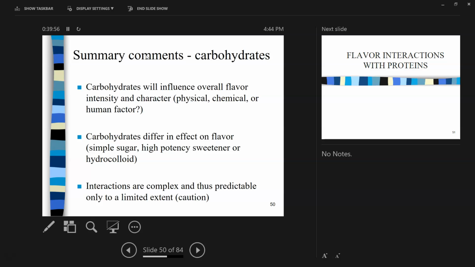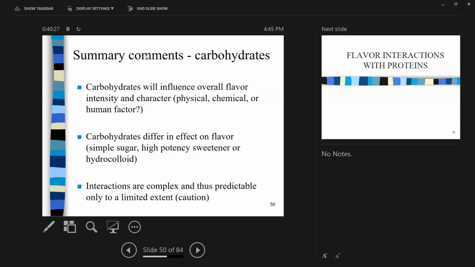So, some of your comments about carbohydrates. Carbohydrates will influence overall flavor intensity and character. Is it physical release? Is it chemical binding, or is it perceptual? They certainly differ in their effect on flavor. If you change from simple sugar to high potency sweetener to high fructose corn syrup, expect the effect. It's going to influence your flavor. It's going to change the polarity of the product that you put your flavor into.